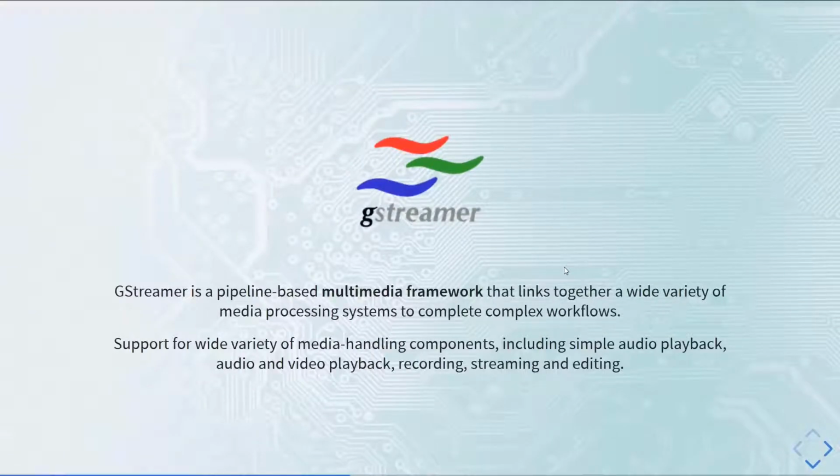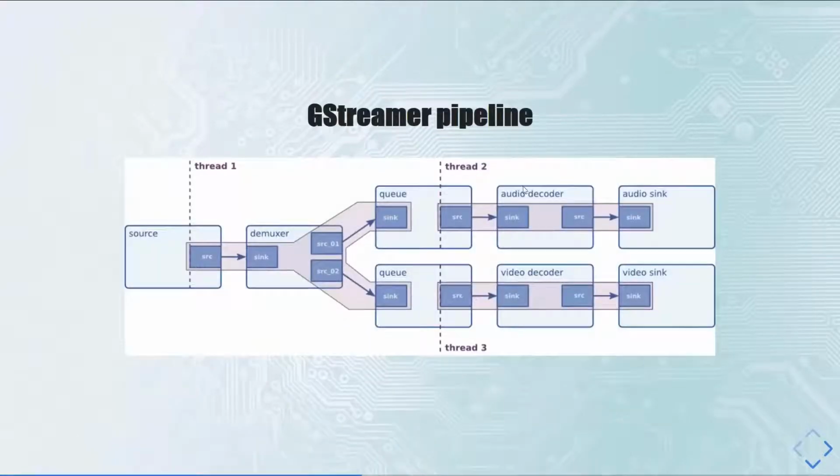The software choice to implement this kind of system is Gstreamer, a pipeline-based framework to handle multimedia content. It can be used for audio and video playback, but also for recording, streaming, and editing. This picture represents a Gstreamer pipeline.